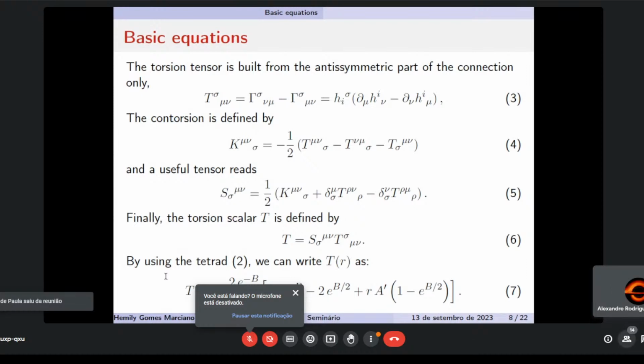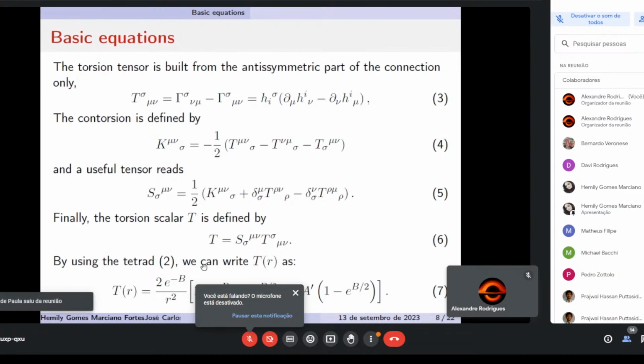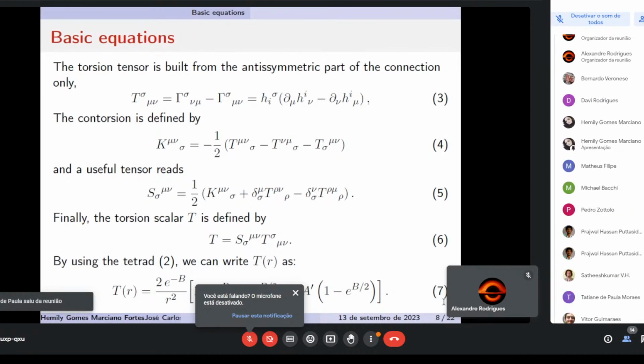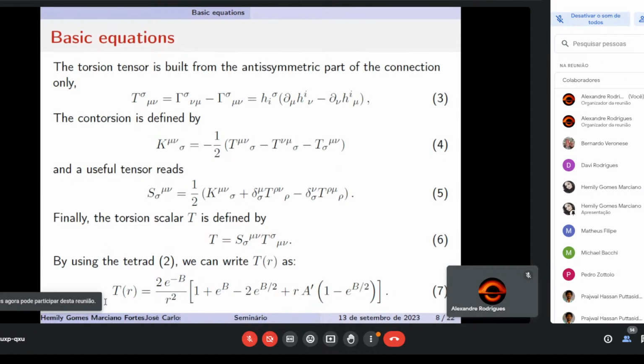We have another quantity, we name it contortion, and from this contortion we can write a useful tensor, and from this tensor we can write the torsion scalar, T. So it's not so difficult to reach this equation 7, which is the expression for the scalar torsion.